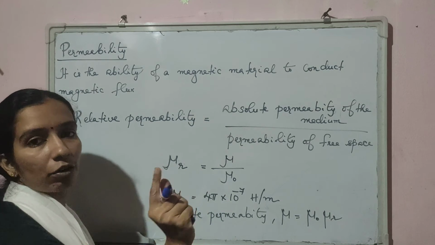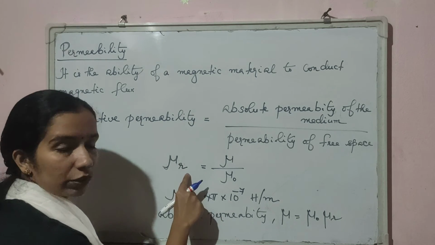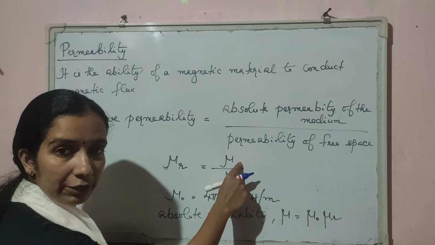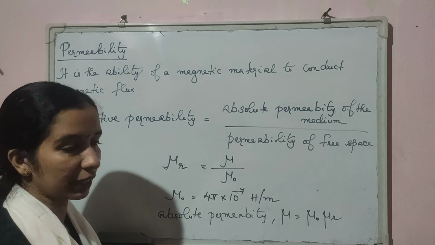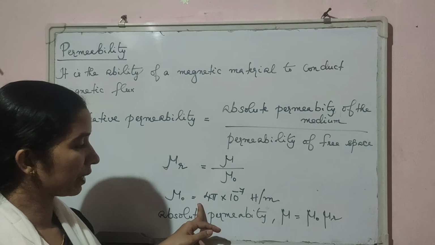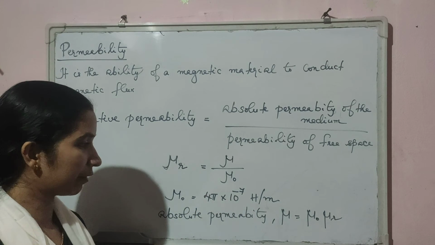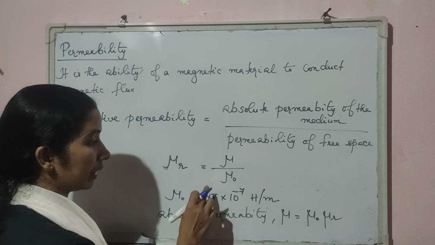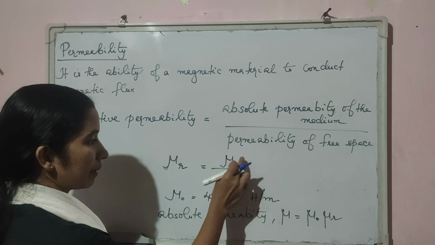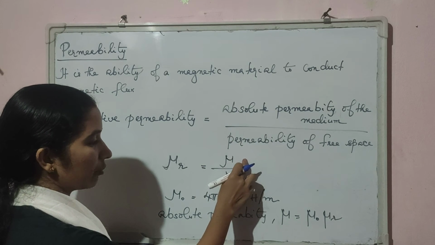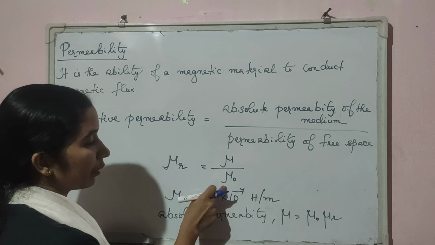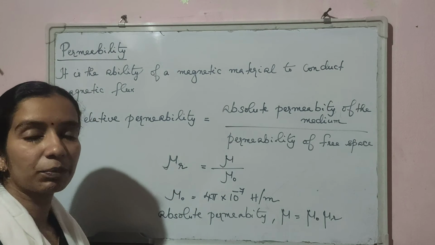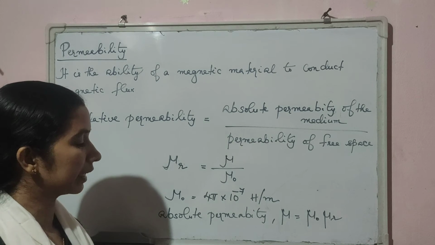Relative permeability of a particular material is equal to absolute permeability of that material divided by permeability of free space. Permeability of free space is 4 pi into 10 raised to minus 7 Henry per meter. So here we can write absolute permeability of a material is equal to mu 0 into mu r, that is permeability of free space into relative permeability of that material.